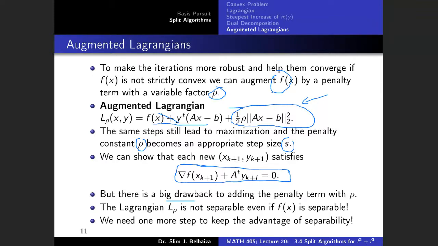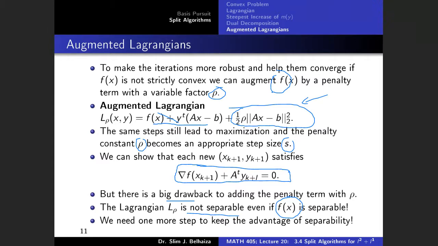But there is a big drawback: adding this penalty term, rho, doesn't help with the separability. So the augmented Lagrangian, L rho, is no longer separable, even if f of x originally was separable. Why is that happening? Because of the augmented part, because of the L2 norm squared.